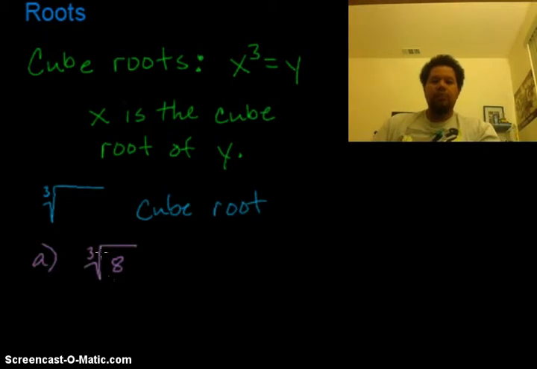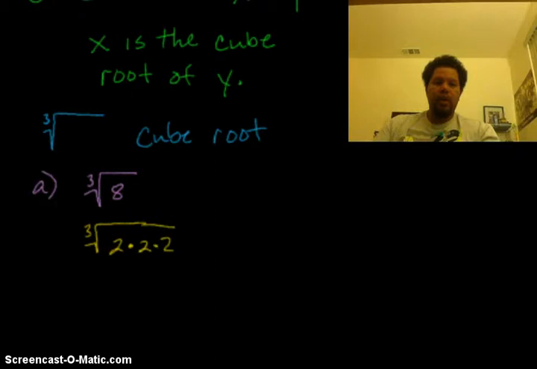Okay, so say we want to find the cube root of 8. Well, we need to find a factor that has a base that's raised to the third power, and that factor would be 2, because 2 times 2 times 2 is equal to 8.